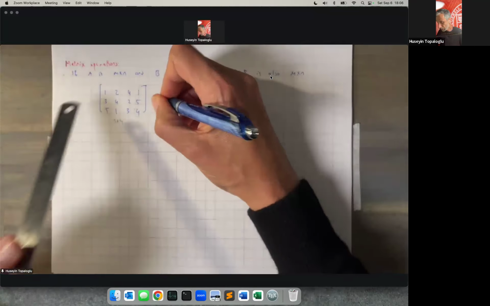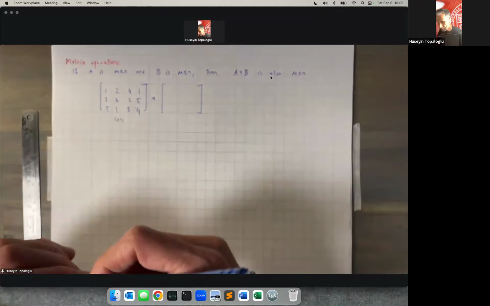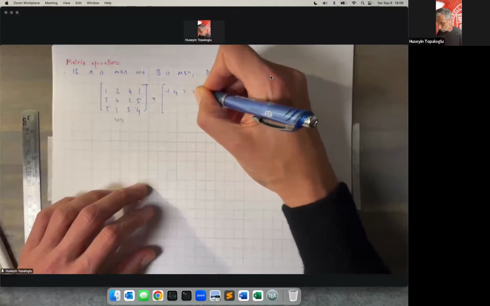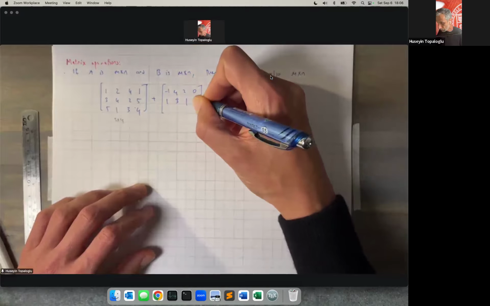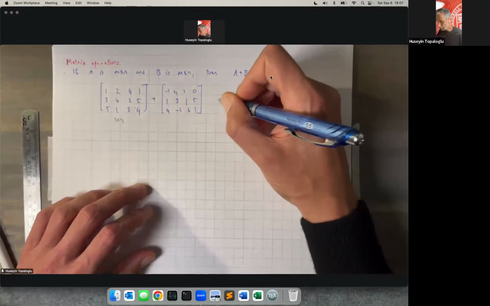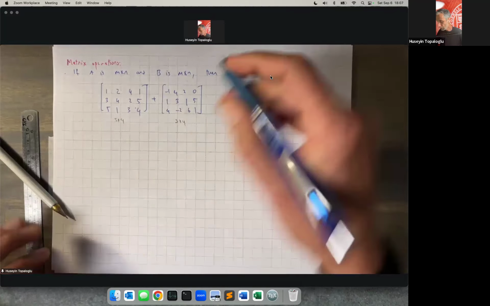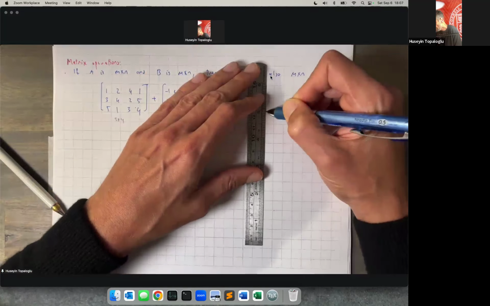Let's take another 3x4 matrix and add those two up: minus 1, 4, 2, 0, 1, 3, 1, 5, 4, minus 2, 6, 1. That's another 3x4 matrix. Let's add them up. The sum is also going to be a 3x4 matrix.